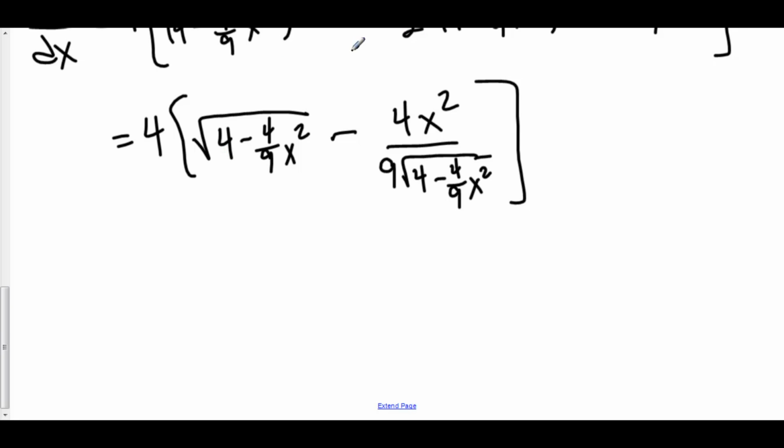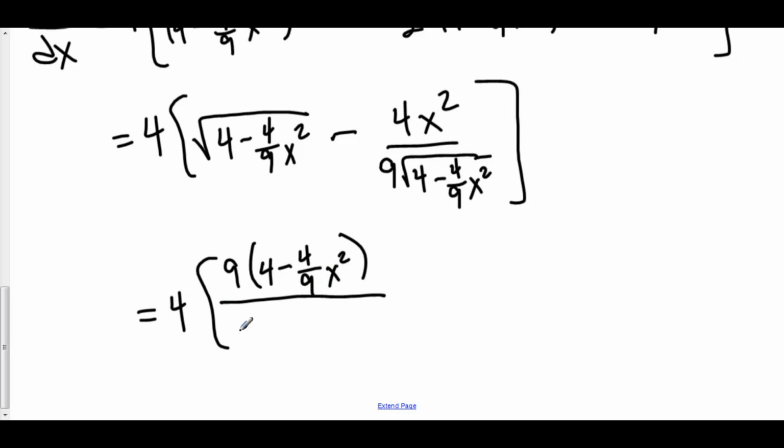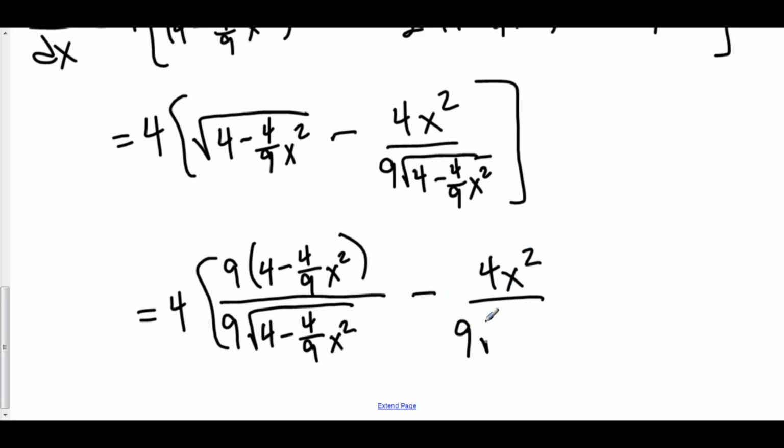If I multiply it by 9 times the square root of 4 minus 4 over 9 x squared, we get 9 times 4 minus 4 over 9 x squared over 9 times the square root of 4 minus 4 over 9 x squared, minus 4x squared over 9 times the square root of 4 minus 4 over 9 x squared.